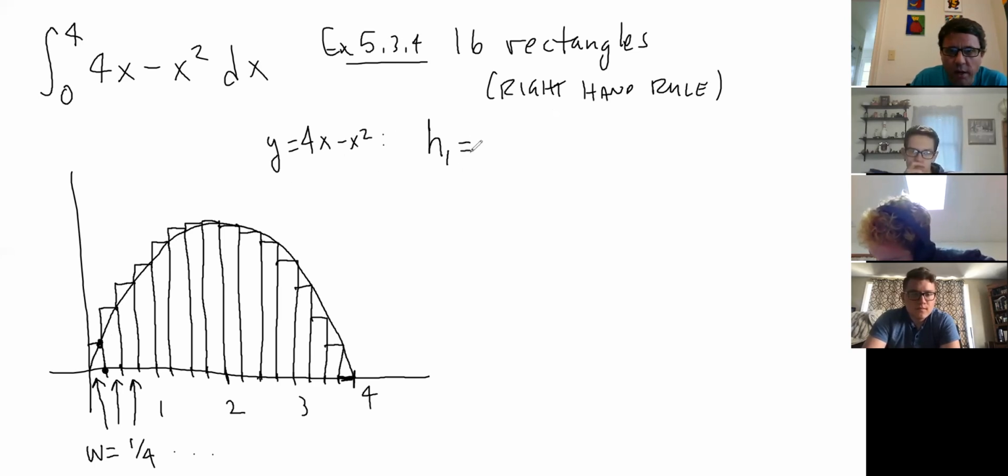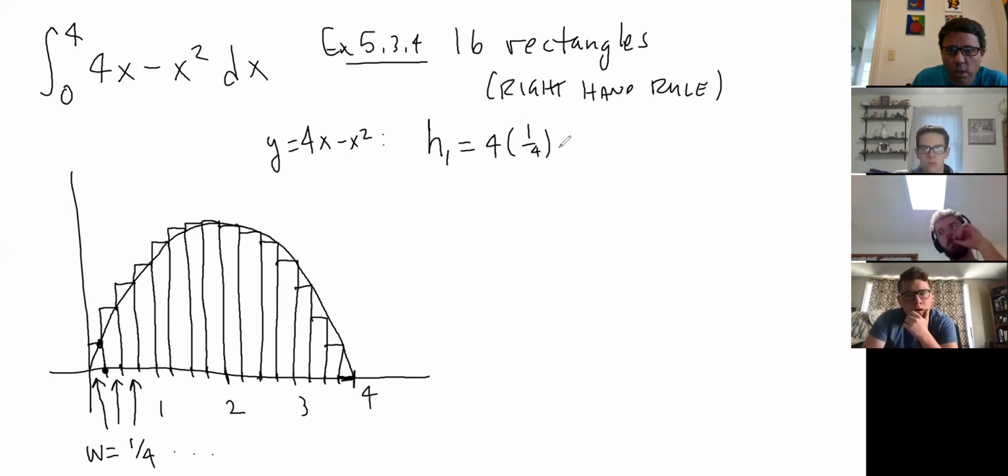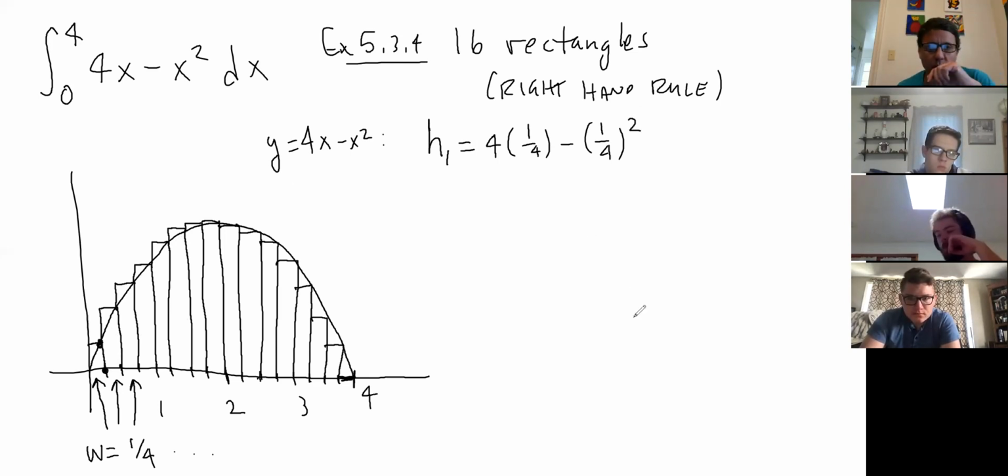So we take our x value, which is 1/4, and plug that in. 4 times 1/4 minus 1/4 squared. And I'm not going to work all these out right off the bat. You can, off to the side. Then I'm going to try to be sneaky here and see how sneaky I can get. Height 2, what's the x value for height 2?